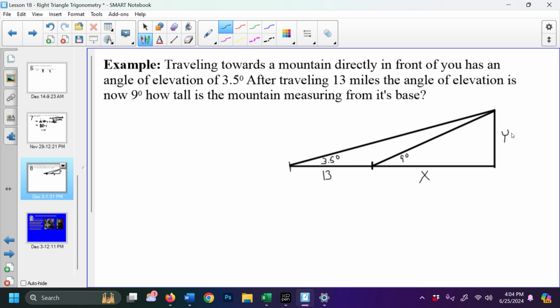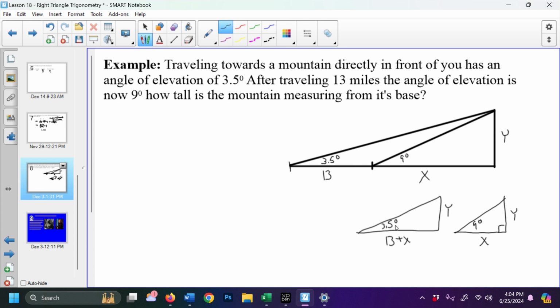Now, if I look at it, I have two triangles. I have the first triangle right here that is 9 degrees. It has a right angle. I have x and I have y. And then I have a second triangle right here that has 3.5 degrees, has 13 plus x, and it has y. Now, in each case, I know the opposite side and I know the adjacent side, and I know the angle theta.